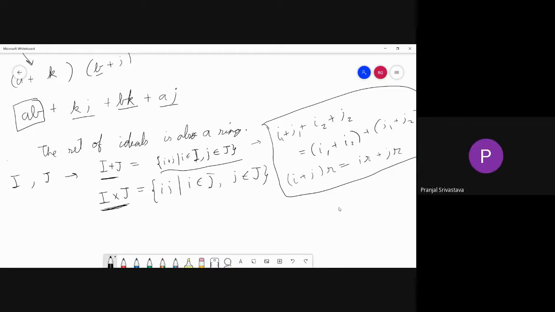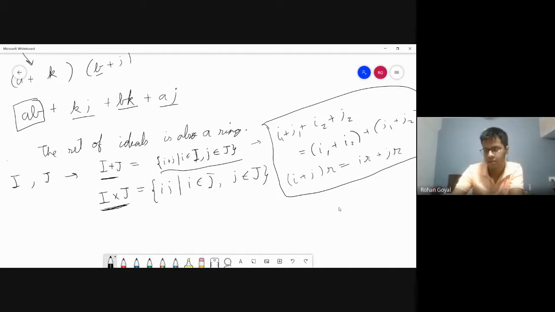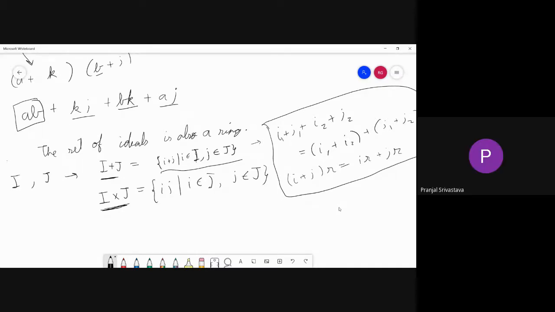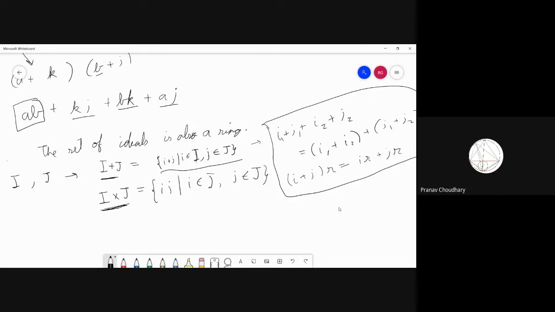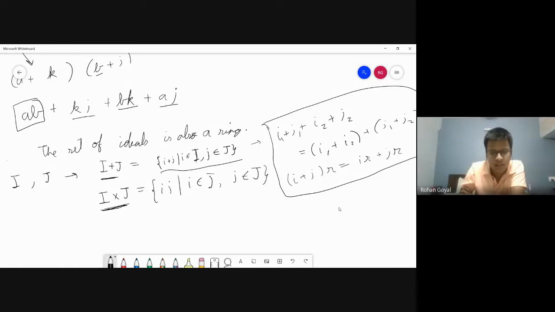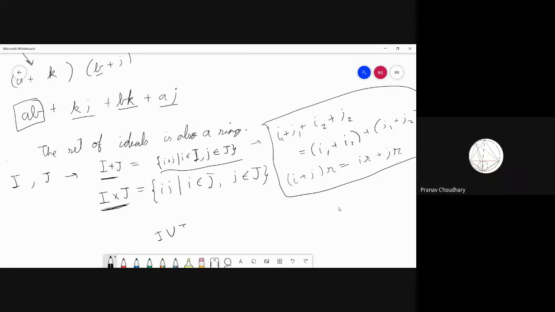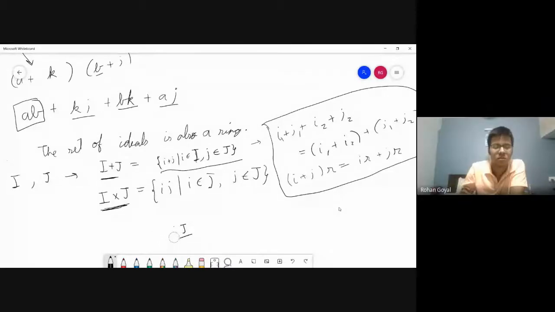Ideals are sets, no? Union is a function. He's saying I union J is not necessarily an ideal. It could be, but not necessarily.